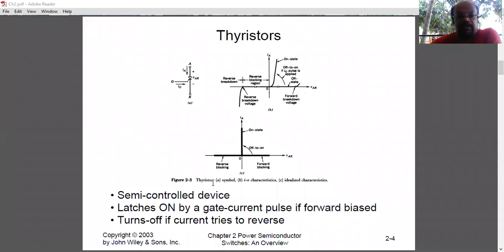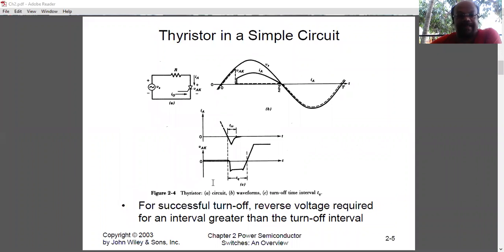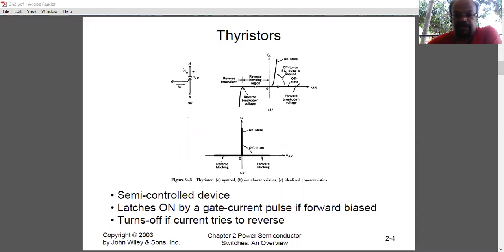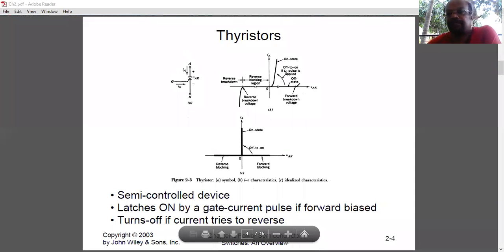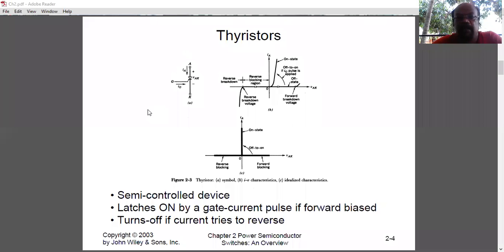Okay. So of course, when you are going to see the thyristors, it is not like a diode.